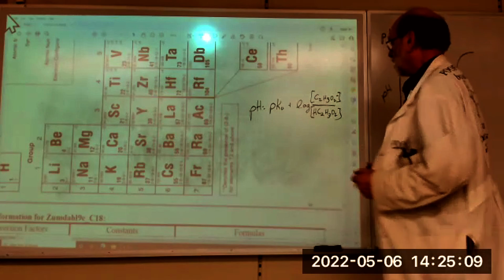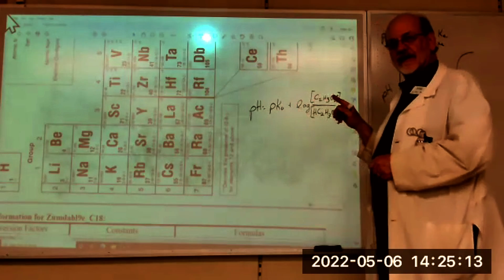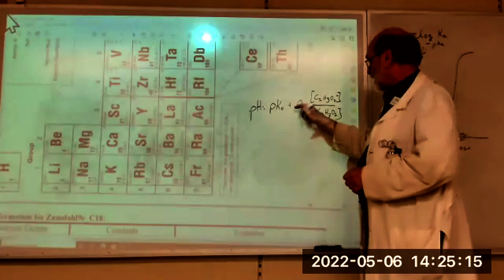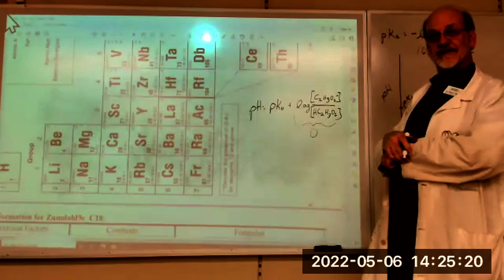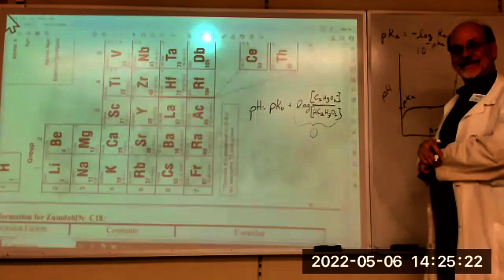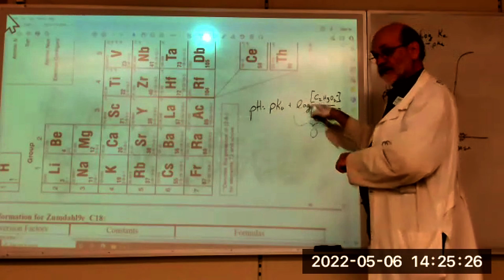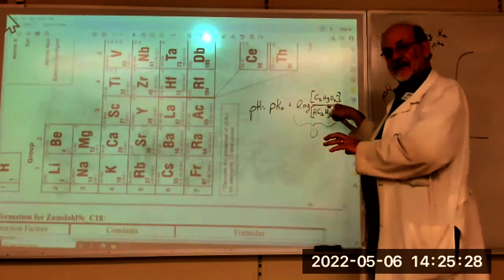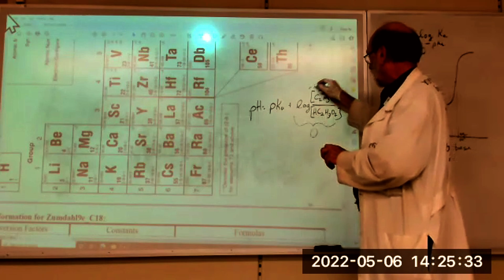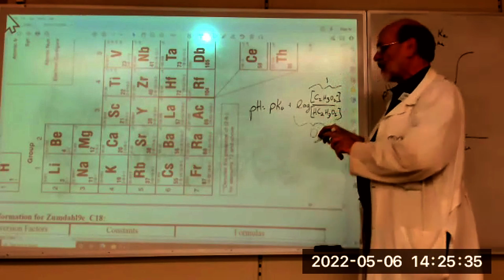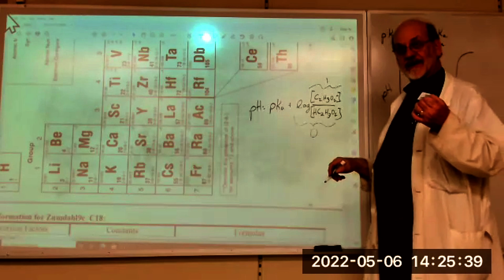And when is pH equal to pKa? These two are equal when this term is 0. This term is 0 because it's a log. It's 0 when this ratio is equal to 1, because 10 to what power is equal to 1? 0.